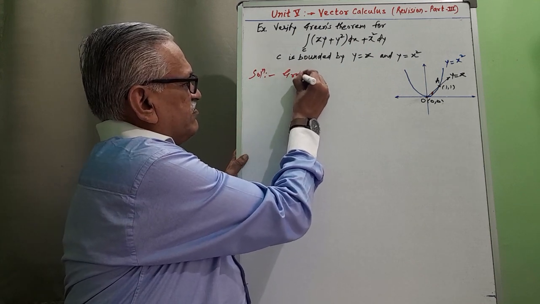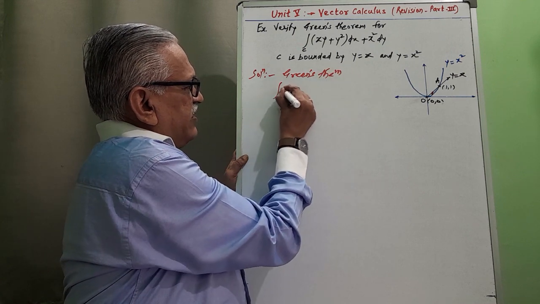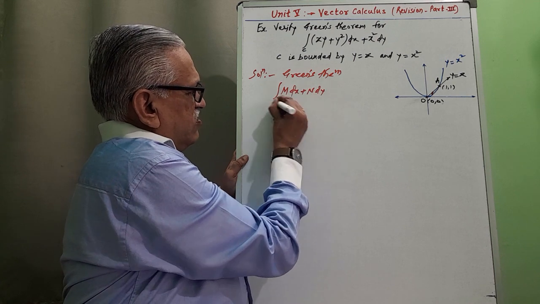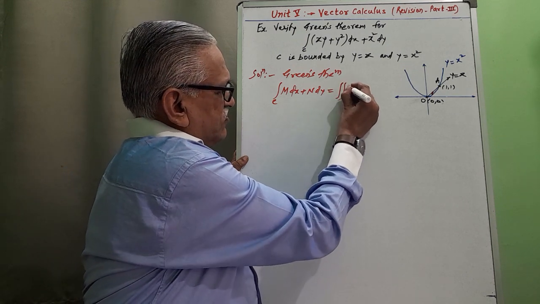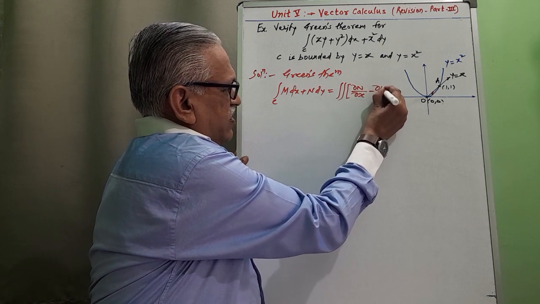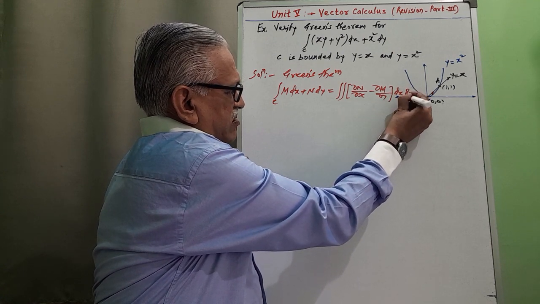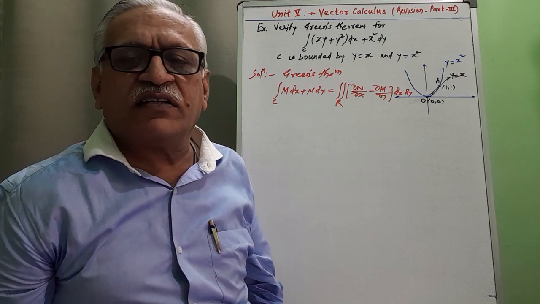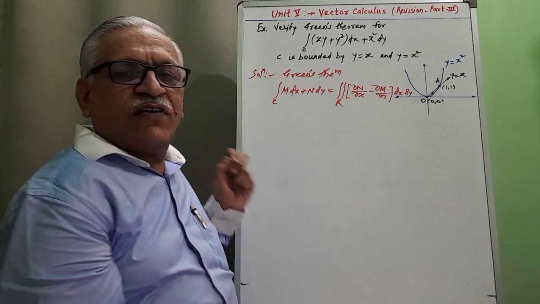By Green's theorem, the line integration of M dx + N dy over the curve C is equal to the double integration of (∂N/∂x - ∂M/∂y) with respect to x, y over that closed region R. This is the statement of Green's theorem, and to verify it, we need to find the value of the left hand side and the right hand side.